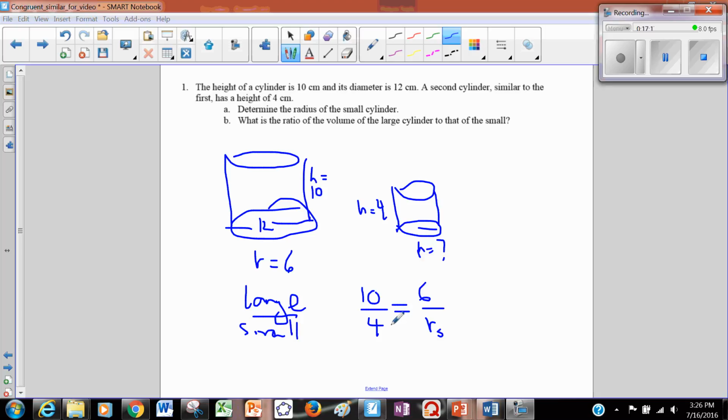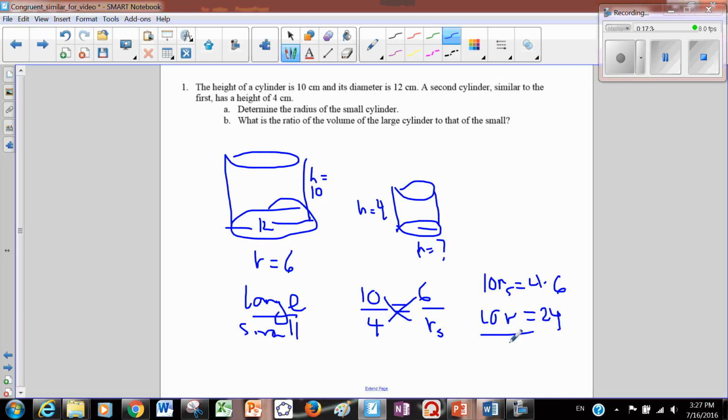So what do we do when you're here? Okay, we can do our peanut method. We can say 10 times the radius of S is equal to 4 times 6. 10 times our radius is equal to 24. How do we get our radius? We divide by 10 on both sides. So we get a radius of 2.4. Don't forget your unit, centimeters.